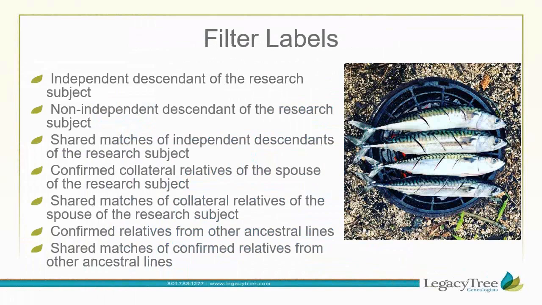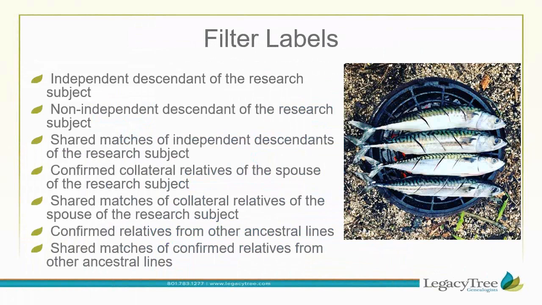And one valuable approach can be to first label all of those independent descendants, label descendants of our research subject who are not independent, maybe who are a niece or a nephew or a sibling or a first cousin to our test subject. And then we can also label shared matches of our independent descendants. We don't know who they are yet, but we know that they share DNA with the independent descendants.